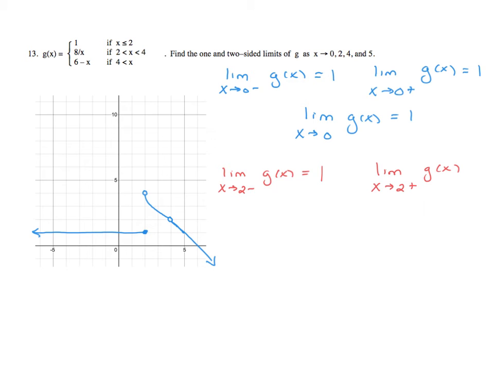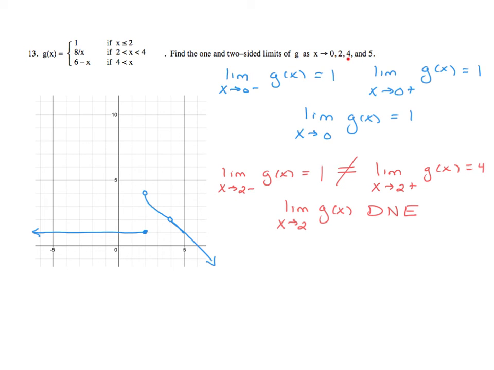So here the limit from the right is 4. These are not equal. These are two different values. So I'll say, those are definitely different. And what this means is the two-sided limit, the limit as we approach 2 of g of x, I'll just put does not exist. So the function's defined there, it equals 1, but there is no limit overall.